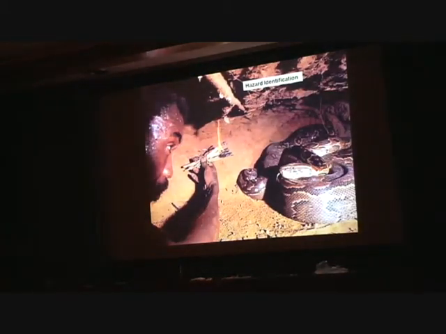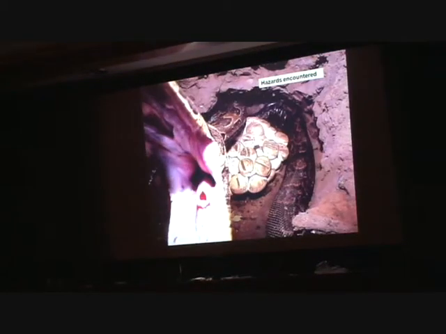You then need to be able to use light, because obviously we are visual creatures, and if you can't see the hazard, then you can't manage against it. You then need to be able to identify the hazard as you find it. And if you encounter that hazard, you need to be able to do something about it.